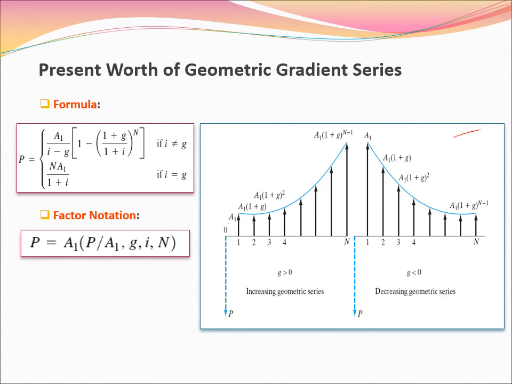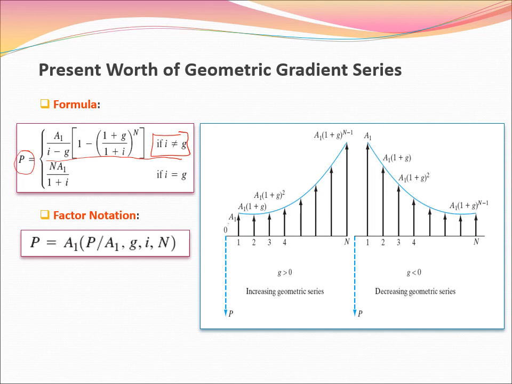And if we have such a payment series, then we can calculate the present worth of this payment series using a formula. And actually, this formula consists of two parts. The first part represents the case when the interest rate is different from the increase or decrease rate of earnings.